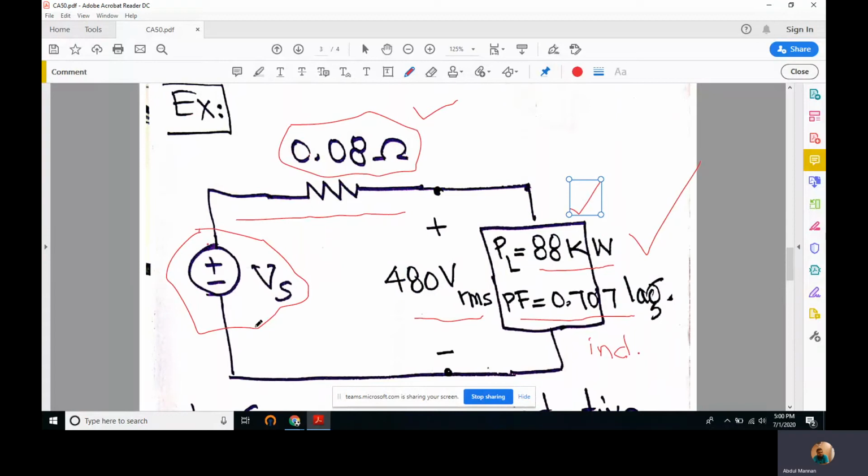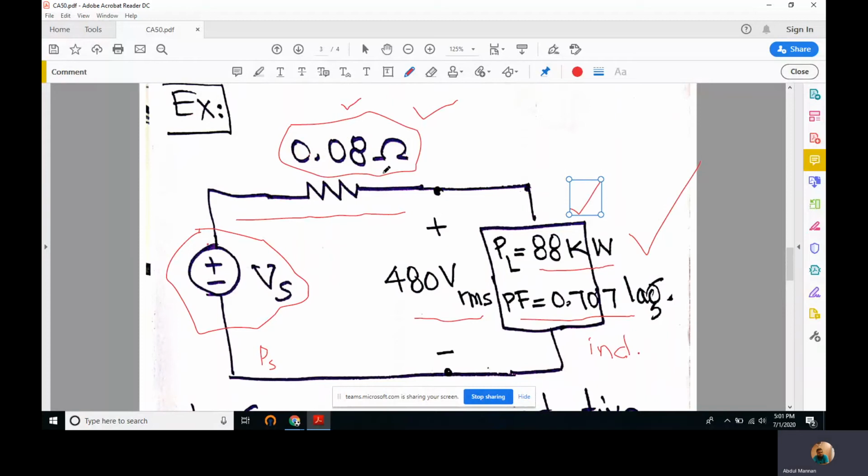We know that the power supplied in a circuit is the same as the power absorbed. So we have two elements where power is being absorbed, this load, motor, or anything else, and this 0.08 ohm resistor. The power in the load is given. So if you want to find the power supplied by the source, we just have to compute the power that is absorbed in this resistor.